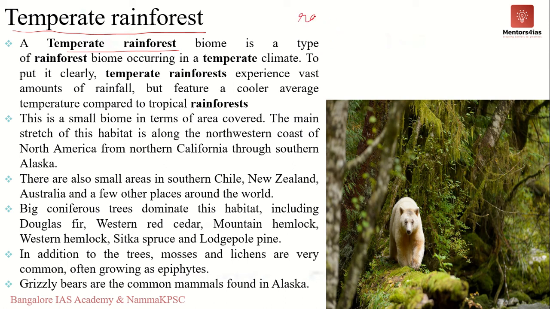Now, this fog can also be a source of water for many plants. The biotic diversity of temperate rainforests is high as compared to other temperate forests. However, the diversity of plants and animals is much lower when compared to the tropical rainforest. You can just make a note of these particular points.